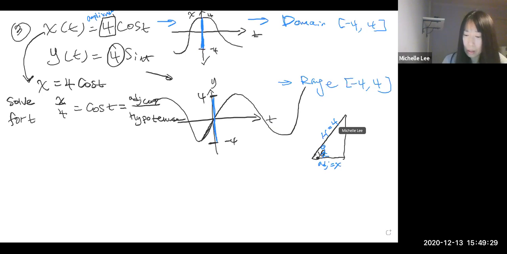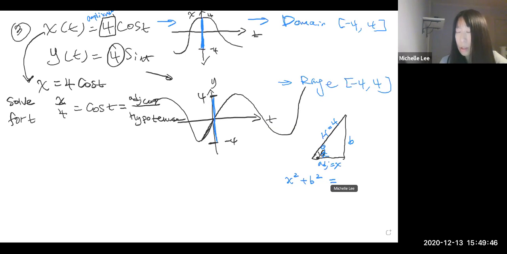Okay. Now we want to know about the other side. Let's say that it is b. Then how do you get b? By the Pythagorean identity, a squared, which is x squared, plus b squared equals c squared, which is 4 squared, right?